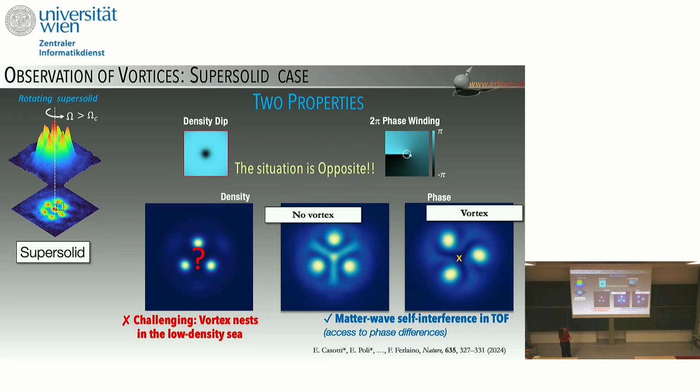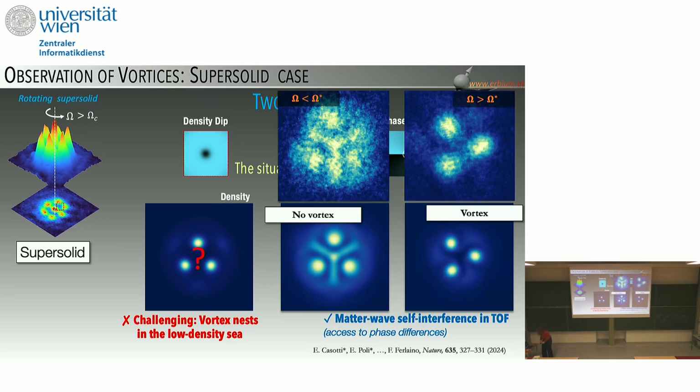And if there is no vortex, you have constructive interference, so matter is in the middle. And so what we studied in our experiment, we did this. We rotated the supersolid phase. We did this expansion measurement, and really for the expected critical rotation frequency, we saw the vortex as a destructive interference in the middle, and if we rotate slower, we see this type of pattern here.